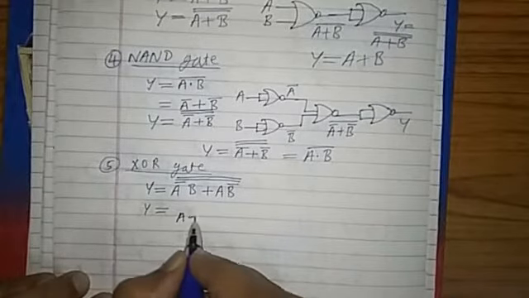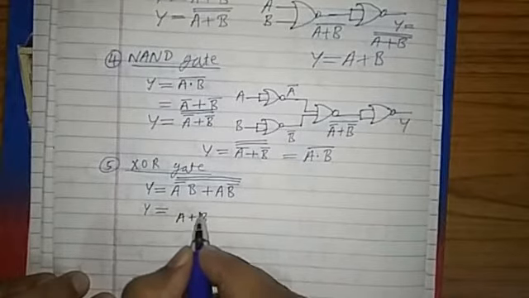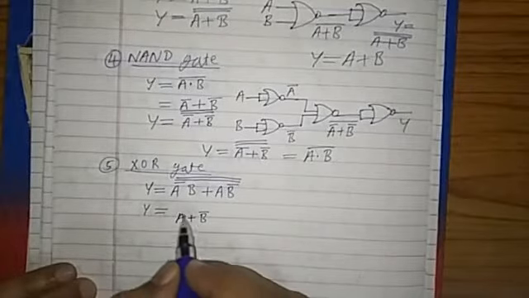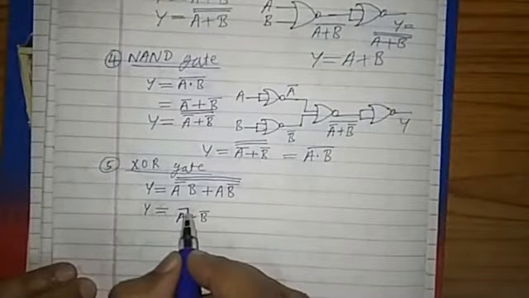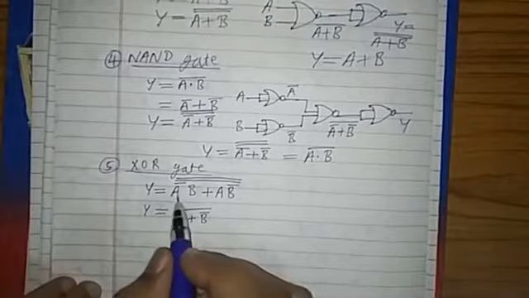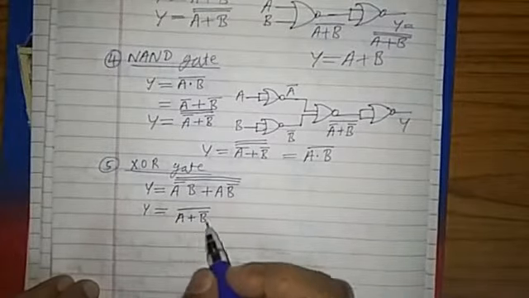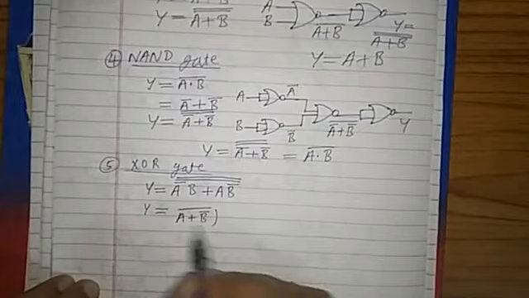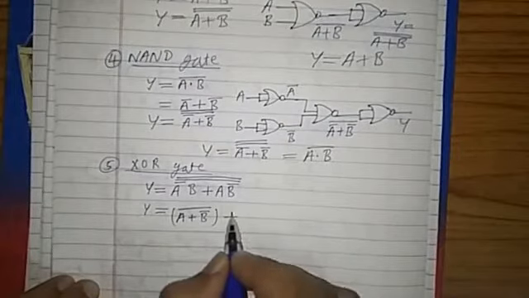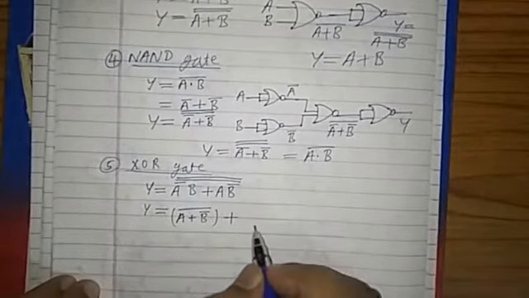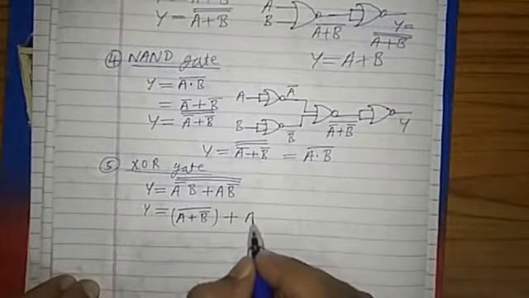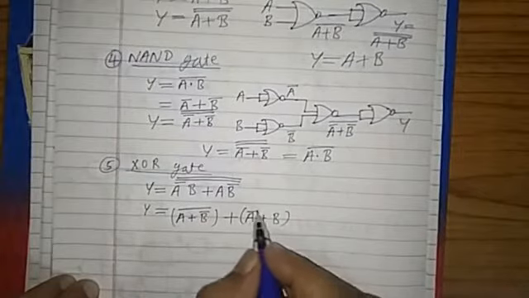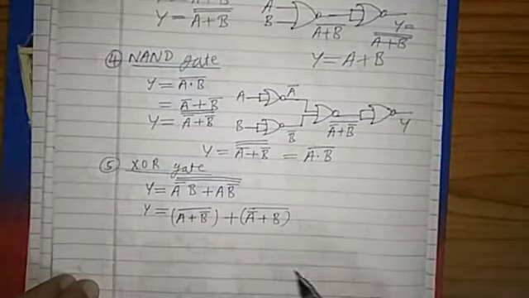A plus B whole bar, and the complement. A bar dot B can be written as A plus B bar whole bar. And A B bar can be written as A bar plus B whole bar.